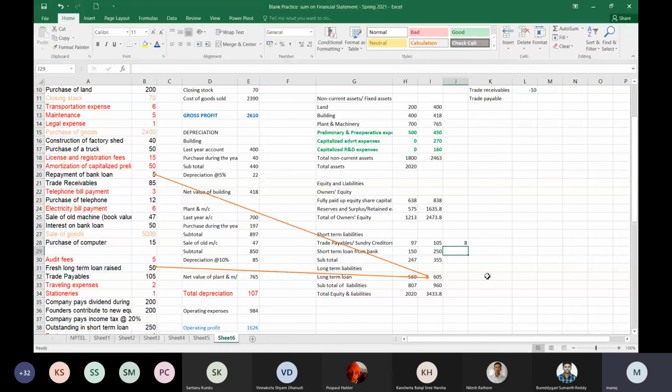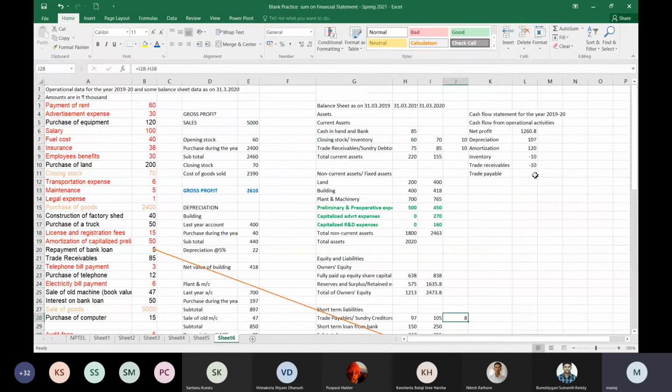So our trade payable arises when you buy something from somebody but you do not pay. That means somebody's money is invested in stock that has come to your godown without making payment. It is as good as some cash coming in. Last year this data was 97. This year the data is 105. That means 8 rupees worth of cash inflow has happened. That means it is positive cash flow.